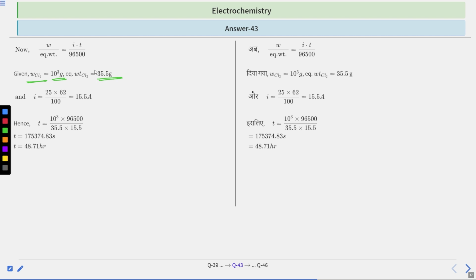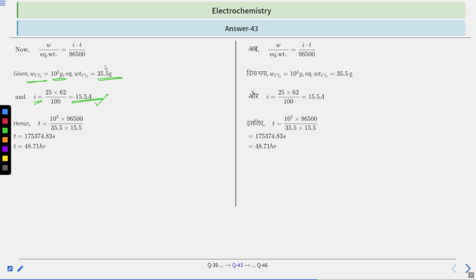Okay, so I, that is current, is 25 ampere, with 62% efficiency. So 25 times 62 divided by 100 is coming out as 15.5 ampere.